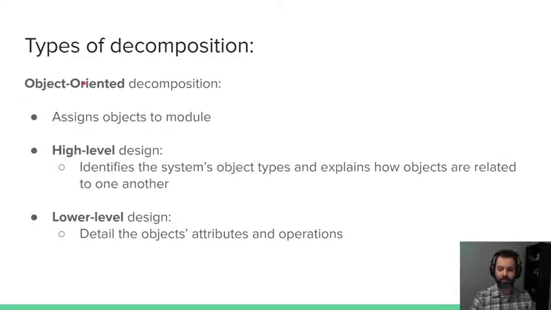What makes sense to connect? Figure out what the types of objects are that we need. Do we need a struct? Do we need a specific class that implements some feature? Does it have to be decomposed and generalized? Right? How are they going to incorporate in the system? So that'd be your high-level design. How are things related to each other? You could get into the low-level design. What are its attributes? What are its operations?